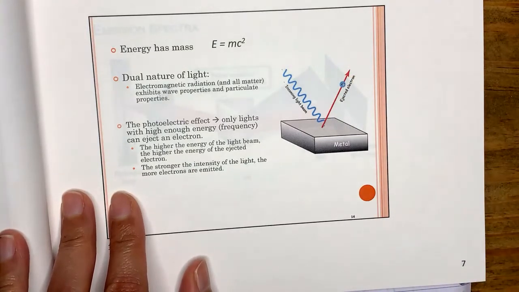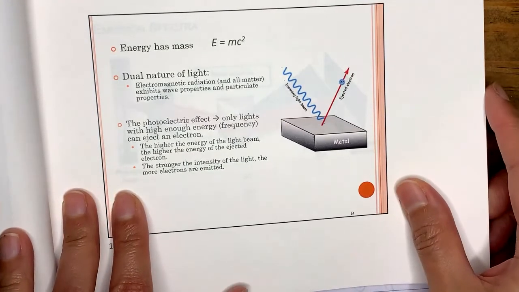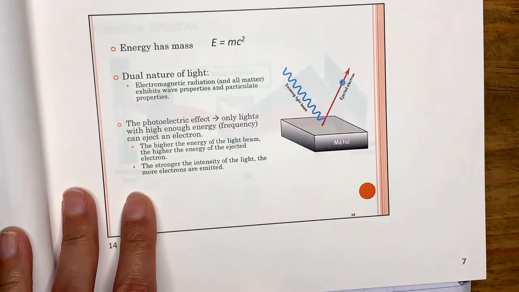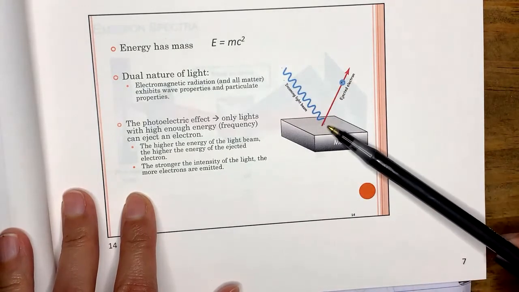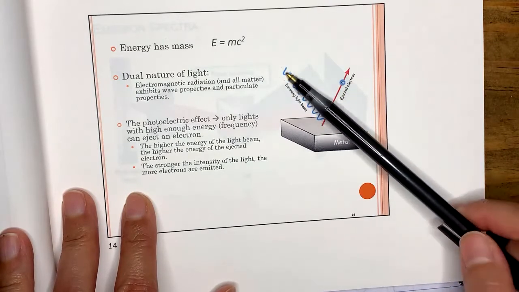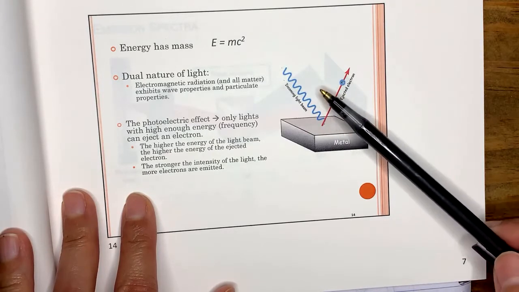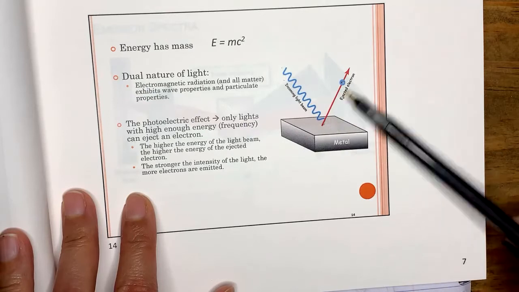If not, you force some other energy forms out. But they say basically you can eject electrons depending on how strong the incoming light is, whatever the frequency of it or the amplitude of it. Okay, and then the stronger the intensity, the higher the amplitude, the more electrons are going to be popped out.